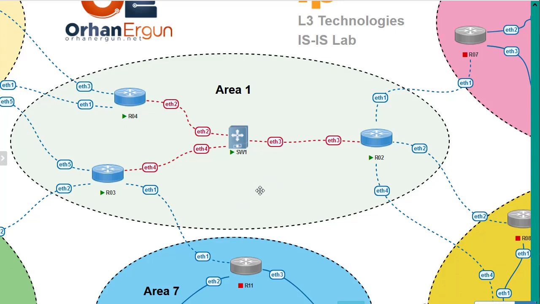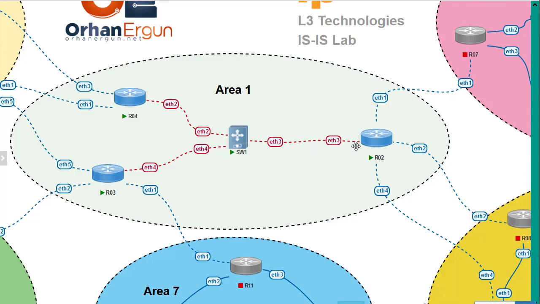What I'm trying to do is to just make sure that all routers in my backbone area, which doesn't have to be, of course, just one area. We can have multiple areas, but they should be connected back to back, because if we don't have a contiguous backbone, then there is going to be a problem here. But I have just decided to have only one area in here and put all my routers inside that.